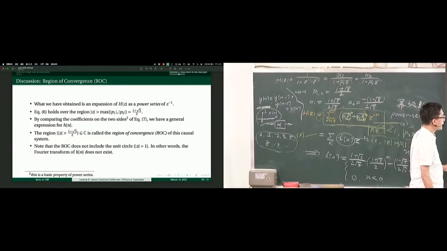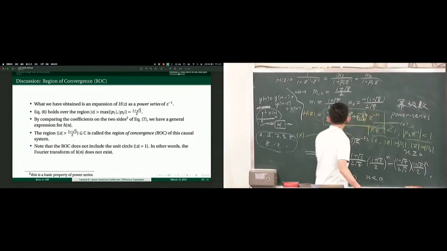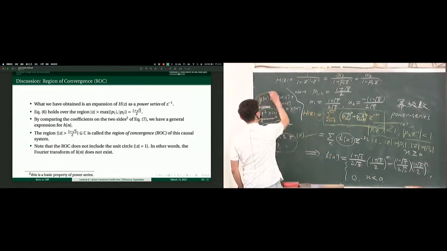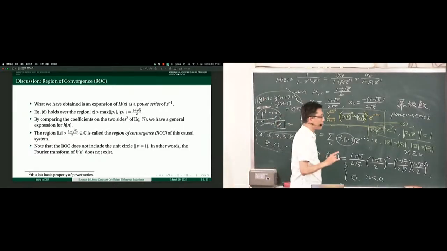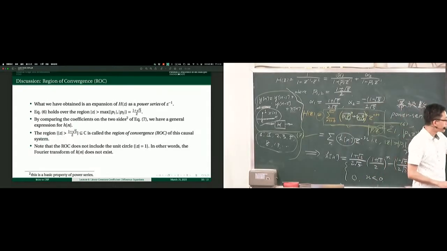The next point is a terminology. We know that equation 6 holds, and that's part of our derivation. The region where we can apply equation 6 is called the region of convergence of this system. For this particular system, we can define its system function, and we interpret the equation in a causal manner.